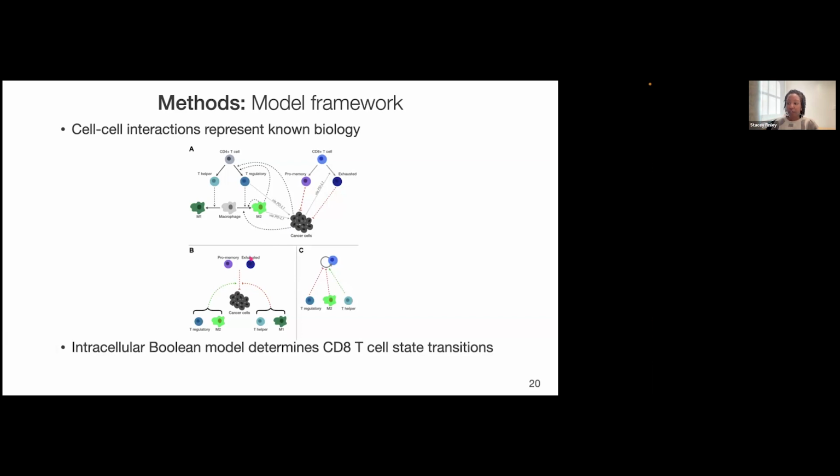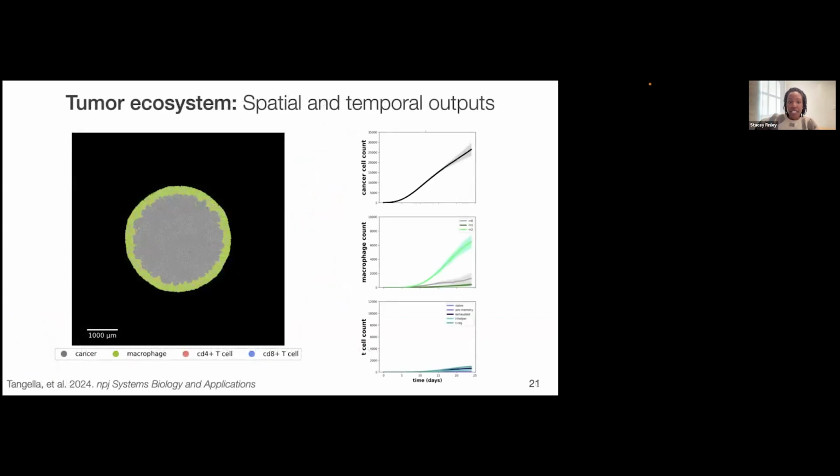And inside of the T cell agents, we have that Boolean model for gene expression that determines how the T cells transition from one state to another. That incorporation of the Boolean model is being pioneered by a fantastic undergrad and actually master's student in the lab, Nichole Tangella.